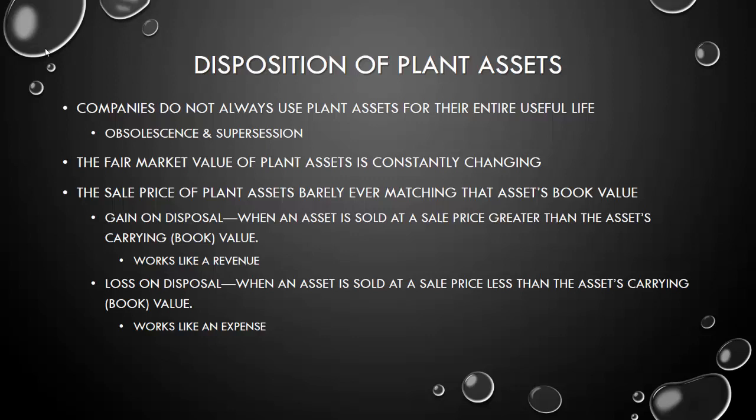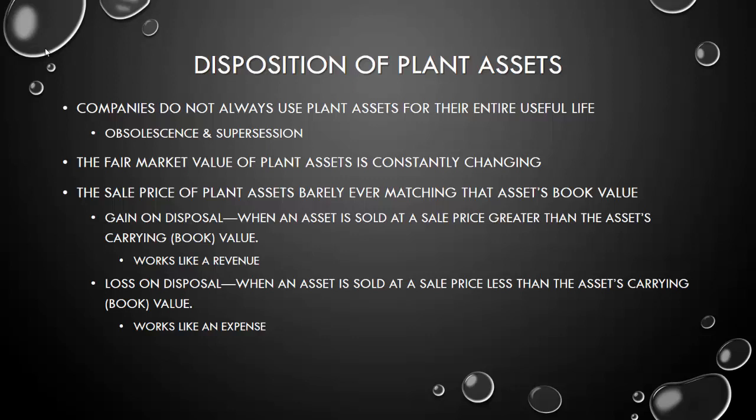And because the state of technology is always changing, the state of real estate in certain areas is always changing, that means that the fair market value of our assets is going to constantly be changing as well, which is a conundrum, because when we put something on the books and we choose a method to depreciate it, we're going to have a certain value that we're placing on our asset on our books, which is a book value that we can't change up and down.